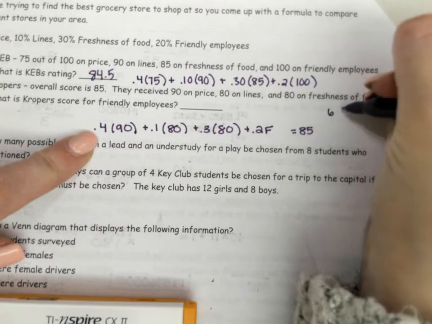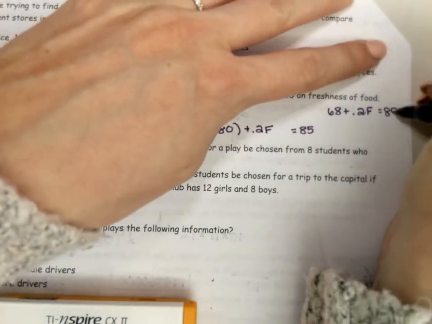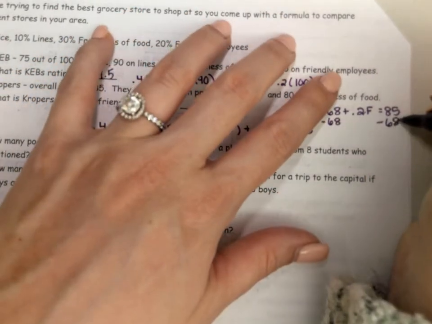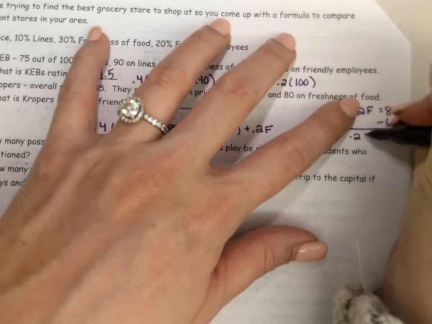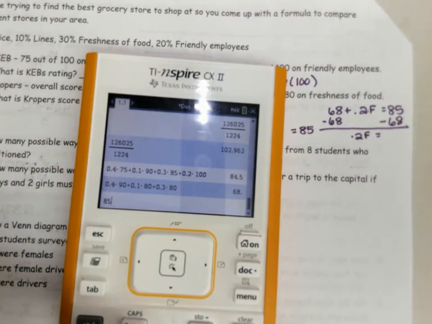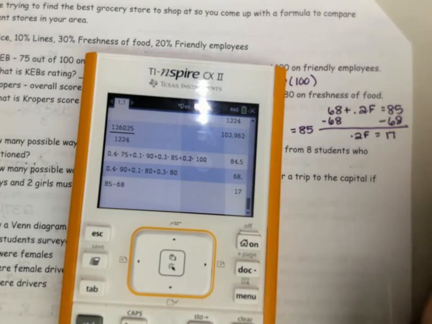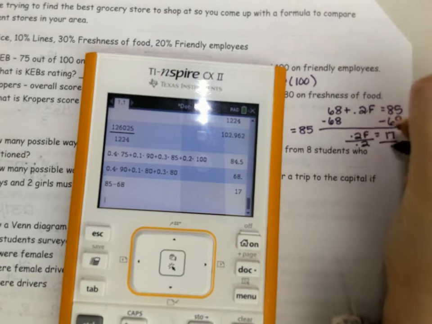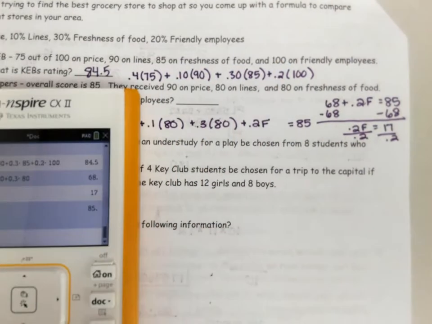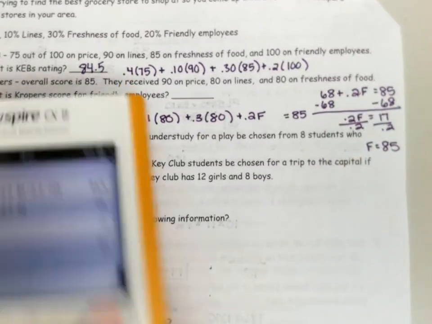So far we have 68 plus 0.2F equals 85. I'm going to subtract this 68 from both sides. So 0.2F equals 85 minus 68, which is 17. Divide by 0.2, divide by 0.2. So your friendly employee grade is an 85.